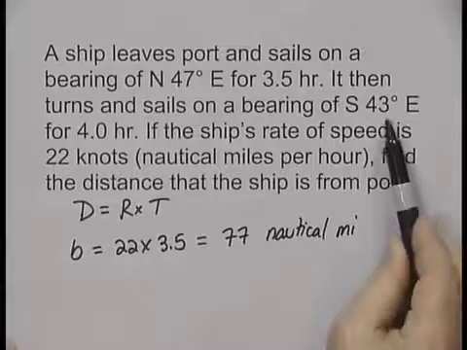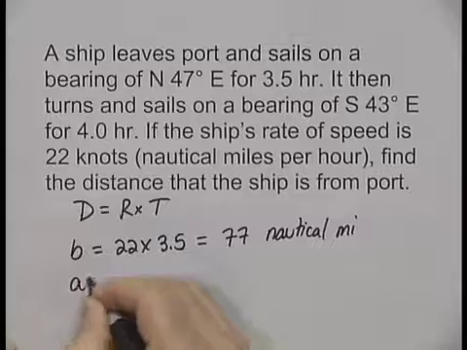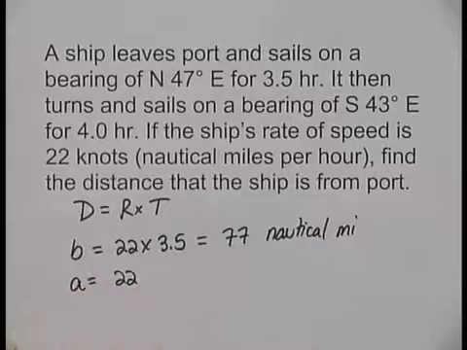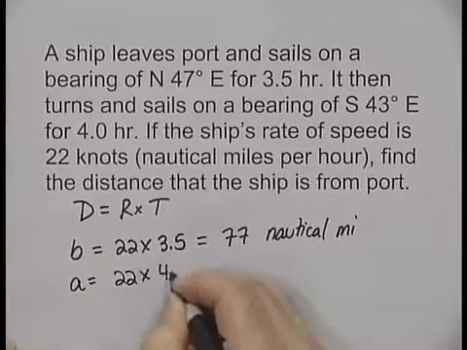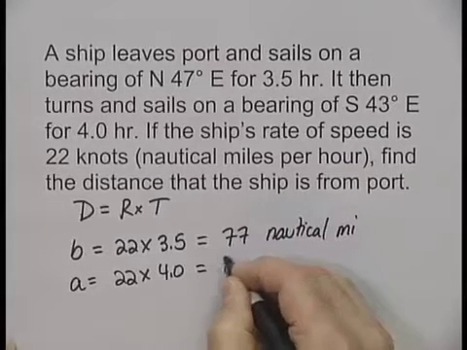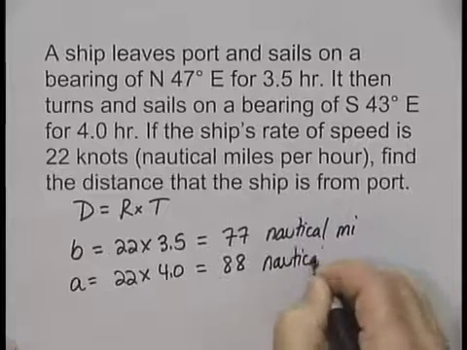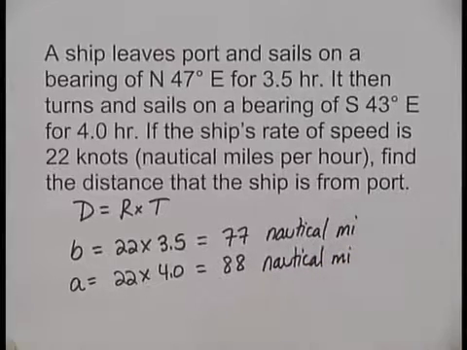If we do the same for this other leg, which I'll refer to as leg A, the rate is 22 knots times 4.0 hours, and that gives us 88 nautical miles.